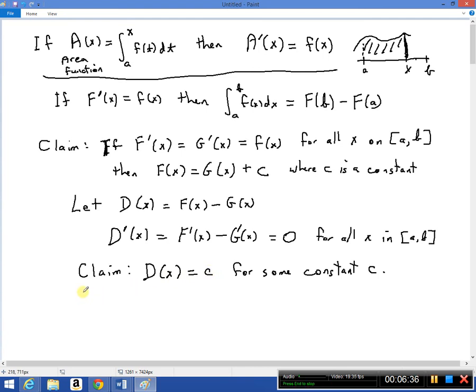Well, here's where we do this proof by contradiction that we've done before when we were playing with things with the mean value theorem and solving equations. I'm going to assume that this is not true. In other words, suppose not. Suppose that D is not a constant function, so that would mean D would have different y values somewhere.